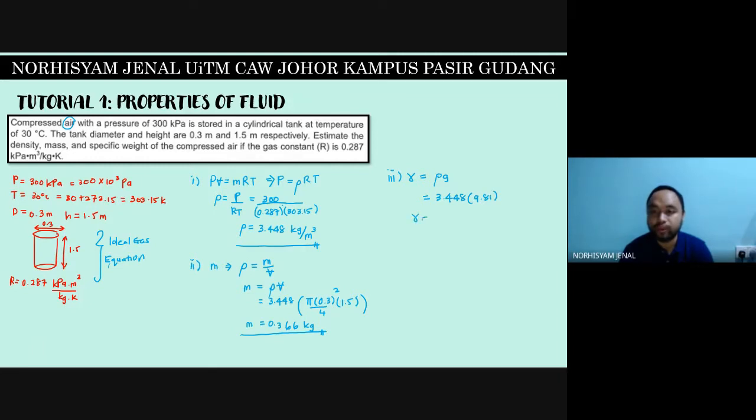So specific weight should equal 33.82 Newton per meter cube. Alright, so by having that, we are done with the first question.